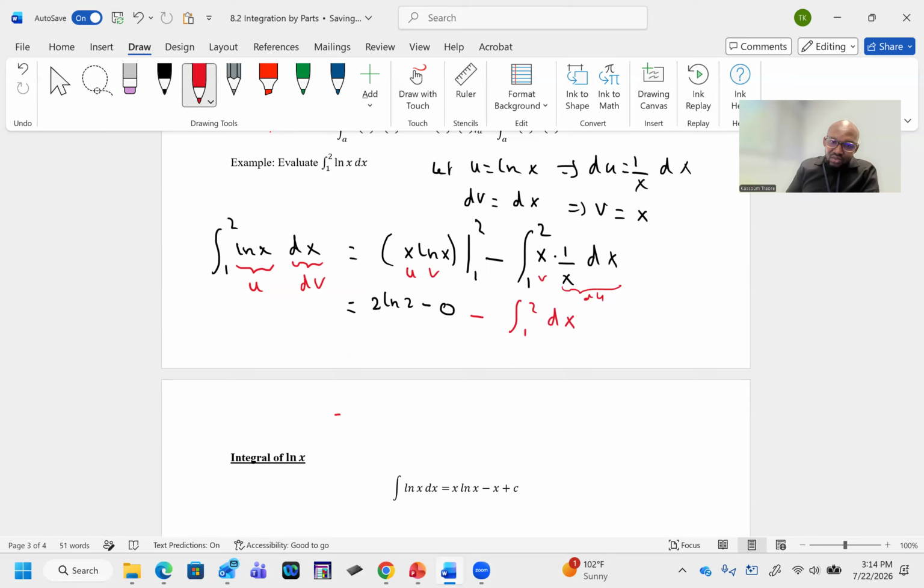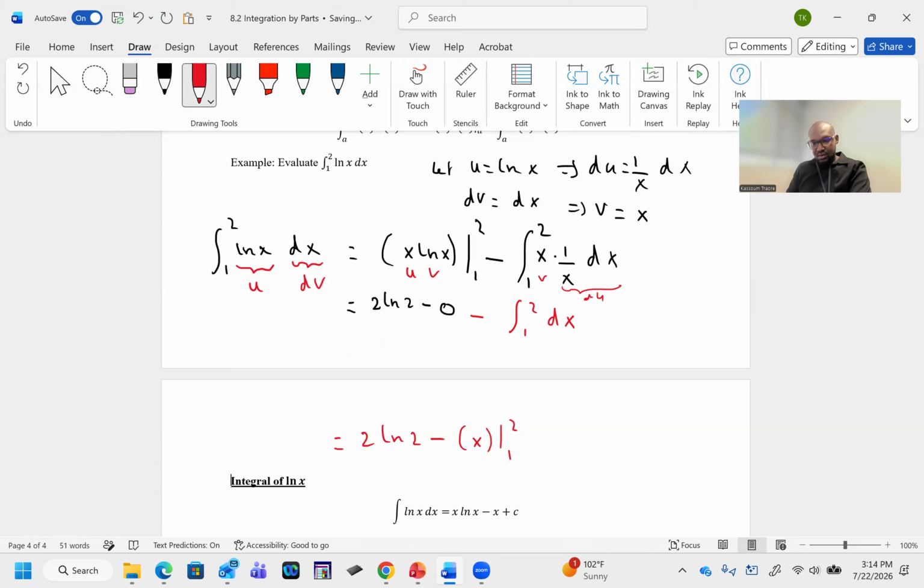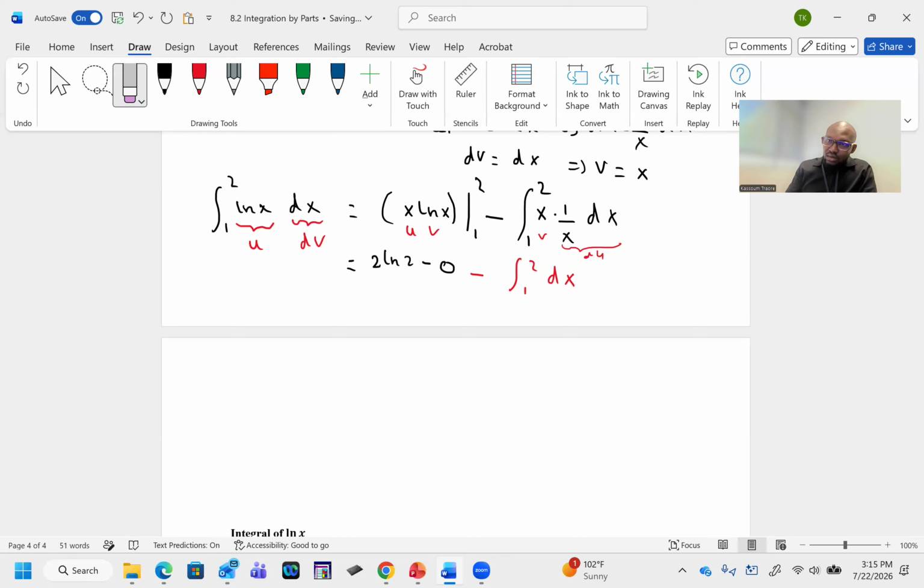So which will give me 2 ln of 2 minus the integral of 1. What is the antiderivative of 1? That is x going from 1 to 2. So that means my final answer will be, sorry, let me erase this one and make it more beautiful.